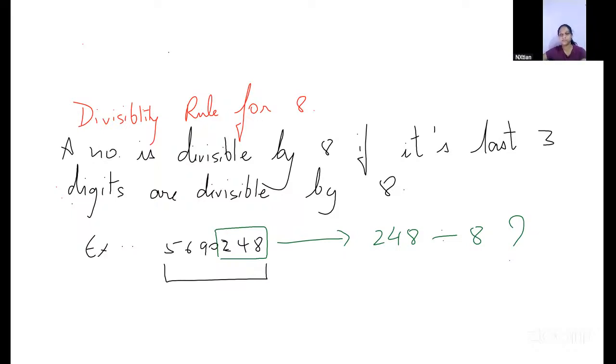Any doubt in the rule of 8? Shall we move on to the next one, the rule of 9? Or are you writing? Just let me know once it's written, okay?